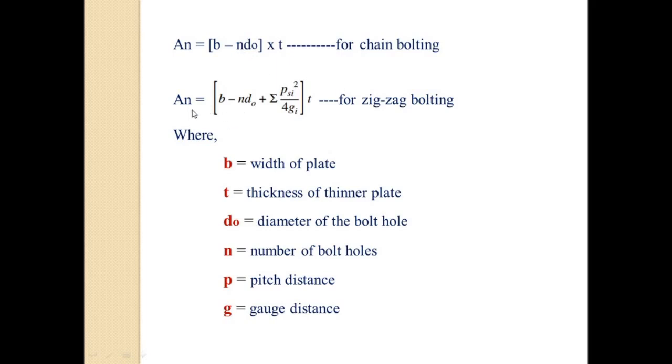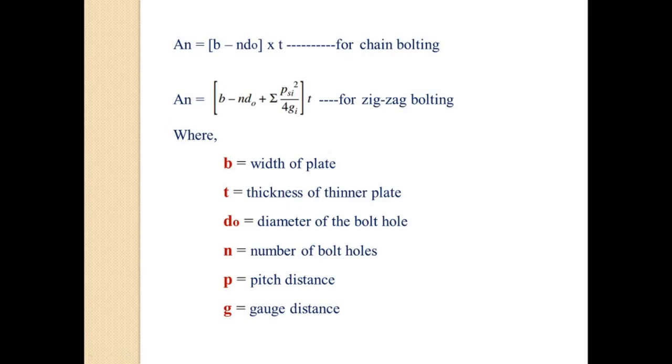For zigzag bolting, the net area is (B minus n D0 plus summation of p square upon 4g) multiplied by t, where p is the pitch distance and g is the gauge distance. In this way we can calculate the net area.